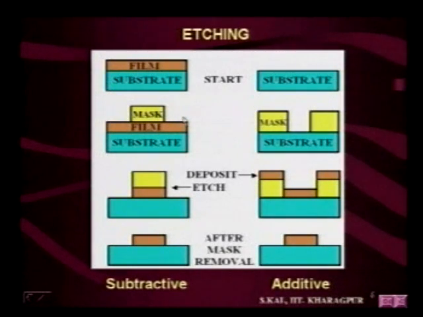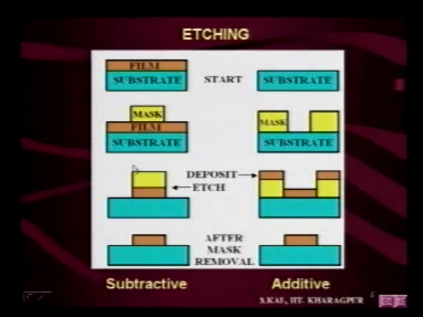Now you etch it. During the etching the film will be etched in the unmasked regions, and in the masked region the film will be protected from the etching solution or etching medium. At the end you remove the photoresist by photoresist remover and you will have this pattern. Only the film remains where it has been masked. This is the normal lithography and etching technique.